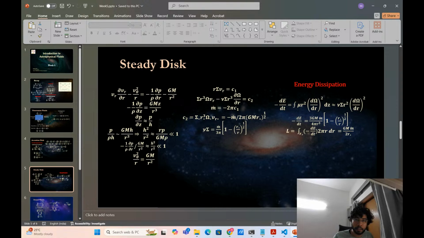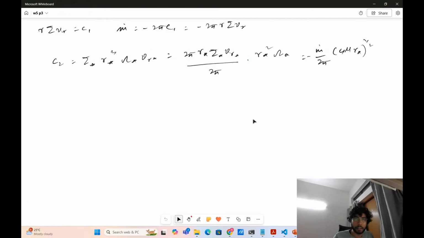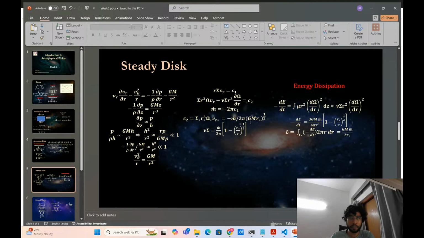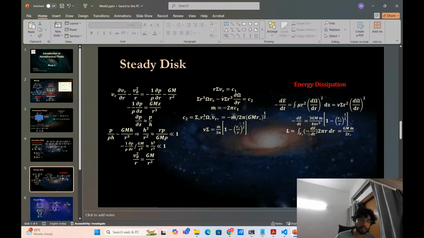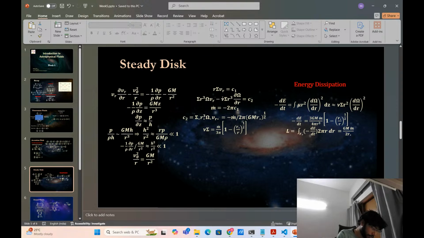Now, how do we get a relationship between the viscosity parameter and the mass accretion rate from these equations only? That we'll see now. Let me write down this conservation equation once.